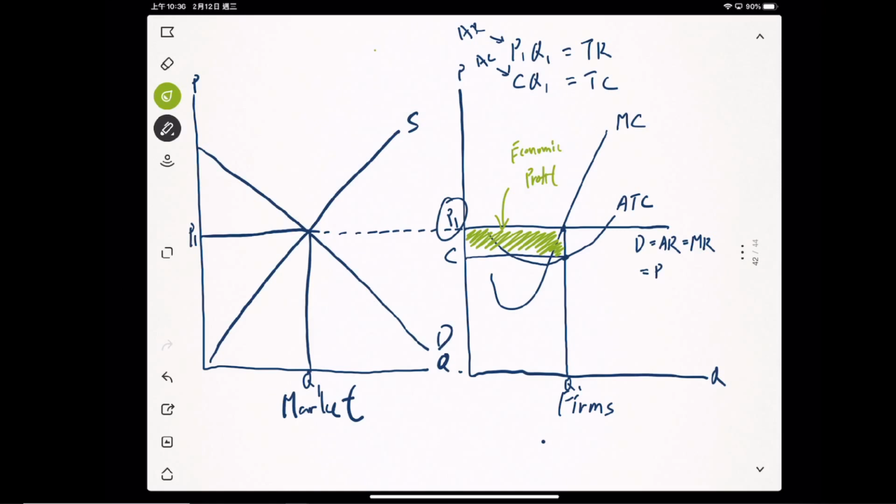All right. So this is how we find economic profit in perfect competition in a diagram. Now you can try drawing the other two possibilities.